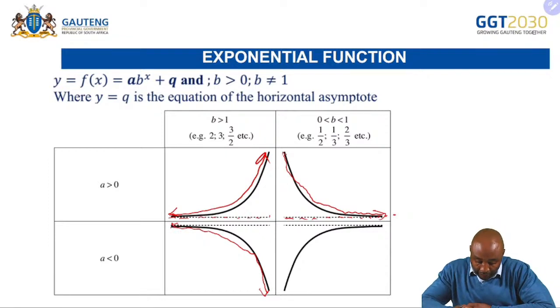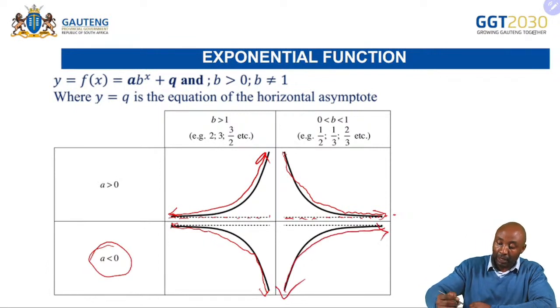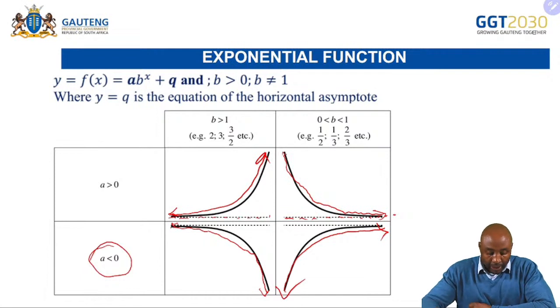And if you have your b as a fraction, you can see that your function is decreasing, but if you change the value of a, it means the graph becomes increasing, and we should be able to see that from our graphs. We know that y is equal to q is the equation of the horizontal asymptote.